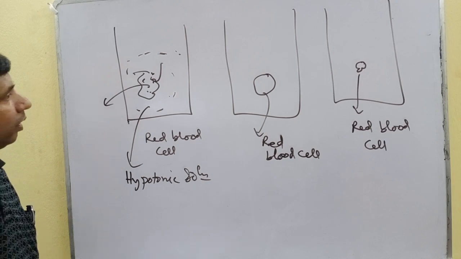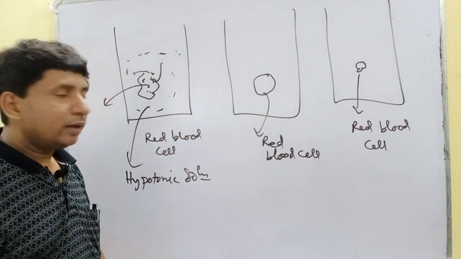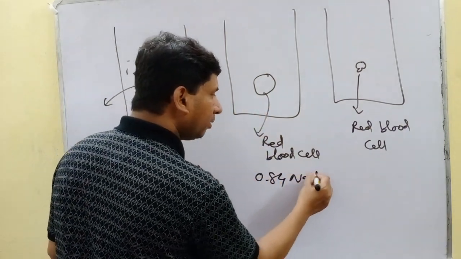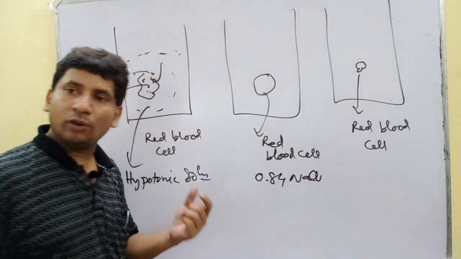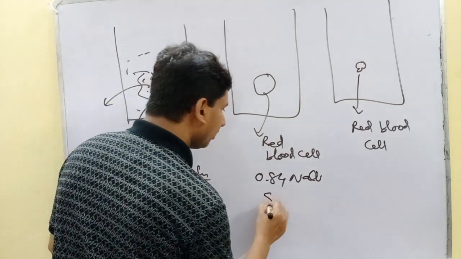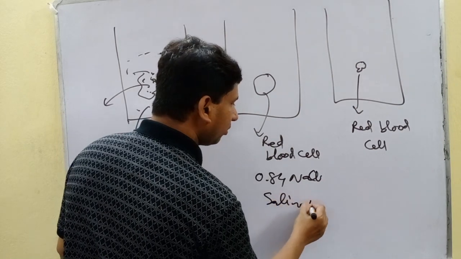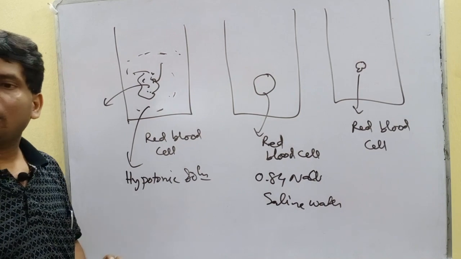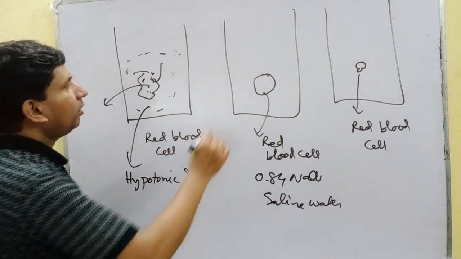Okay, and what happens here? If it is 0.84% sodium chloride, which is known as saline water, this is a normal red blood cell, this is normal.